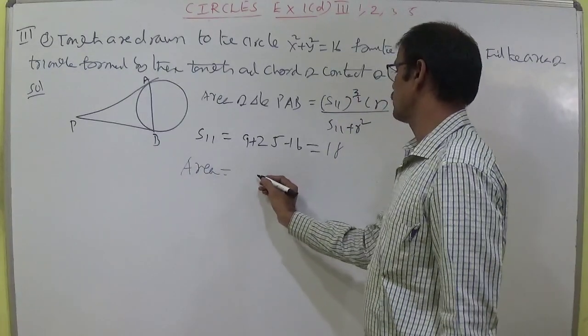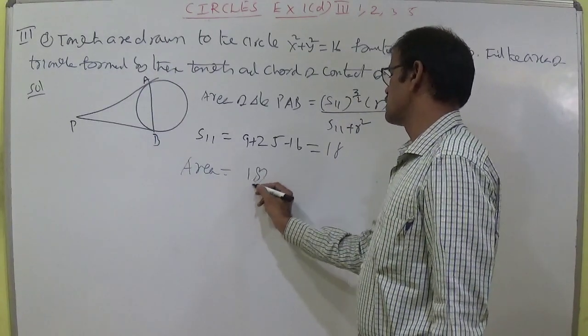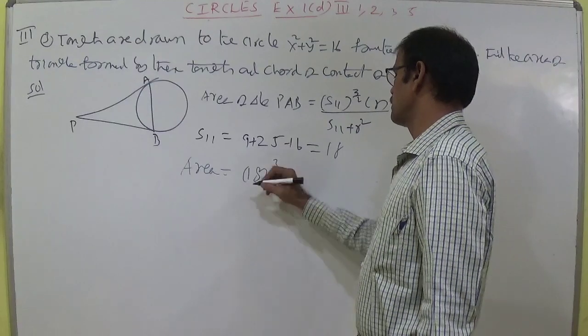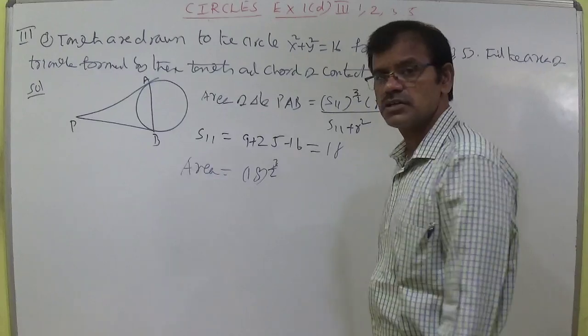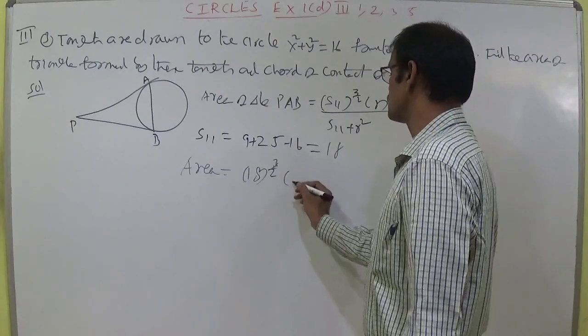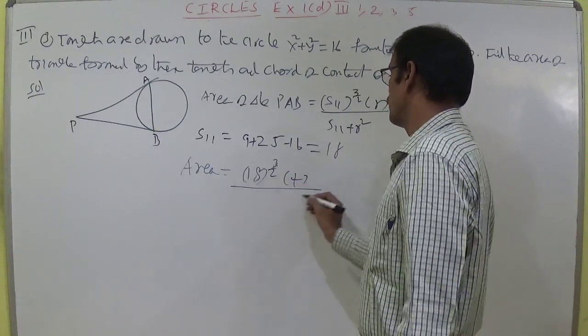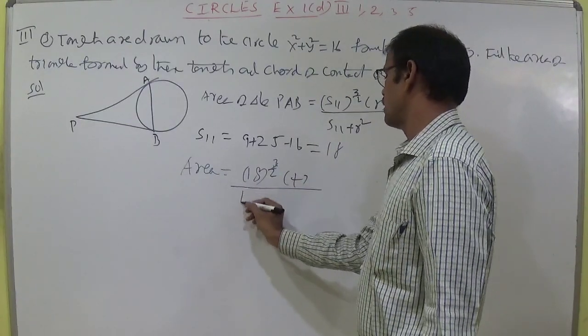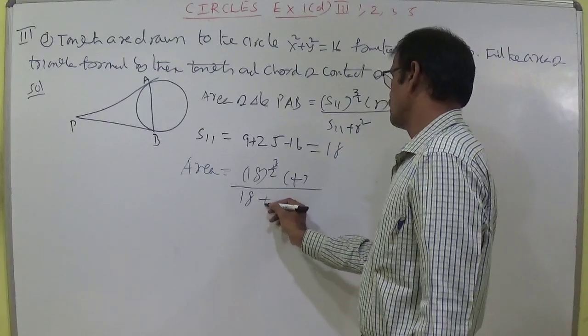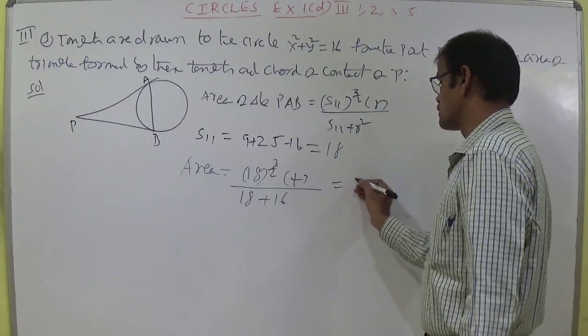That implies we can calculate the area. What is S11 here? 18. So 18 power 3 by 2 can be calculated as 18 root 18, into what is R here? 4. And S11 plus R square is 18 plus 16, which is 34.